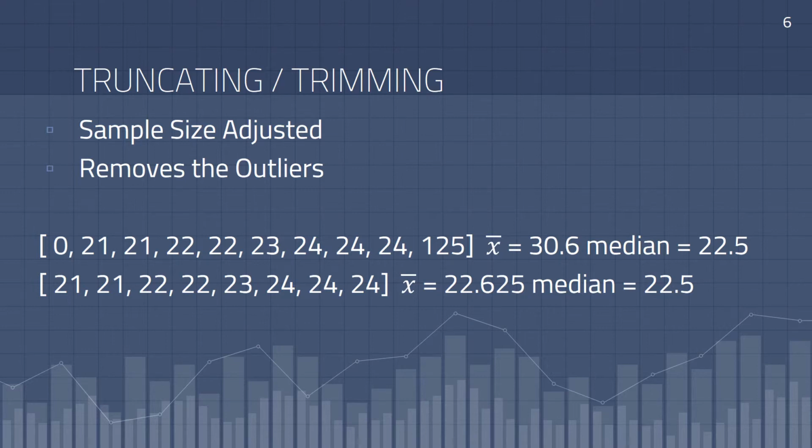Good thing about medians, they're pretty robust when it comes to outliers. They're not going to be impacted because you're just looking at middle sets of data, whereas that mean will take in all accounted sample statistics. So we look at what happens when we take the 0 and the 125 out, then our mean is drastically reduced to 22.625, and of course the median stays the same.